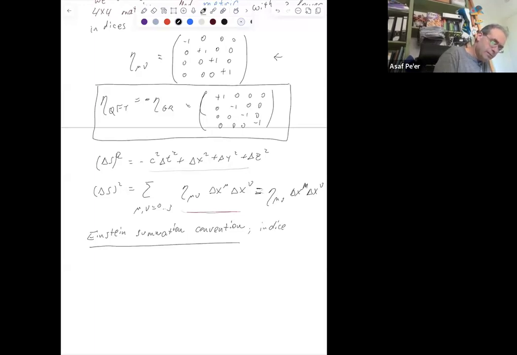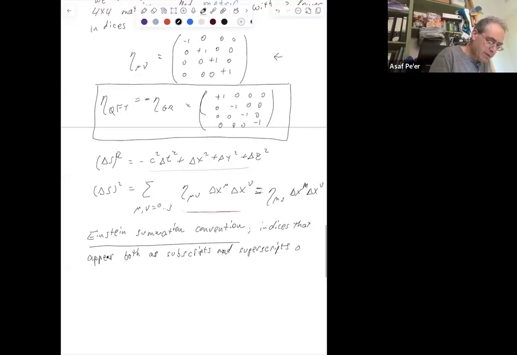Indices that appear both as subscripts and superscripts on the same side of an equation are summed over.